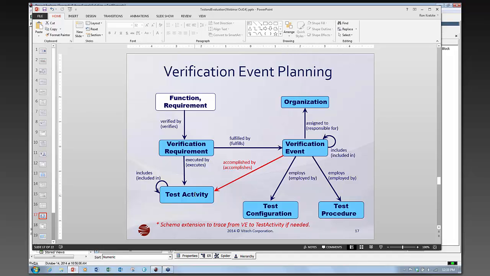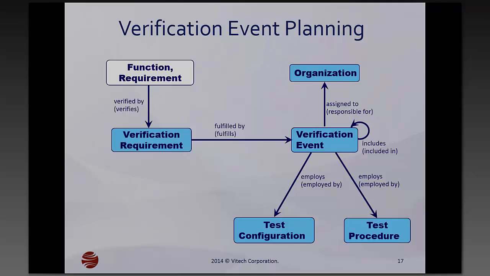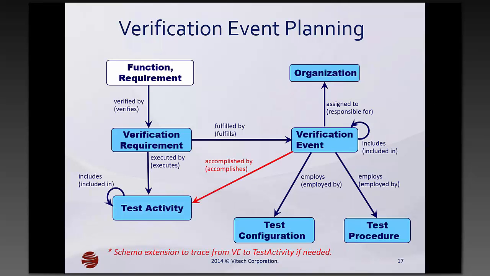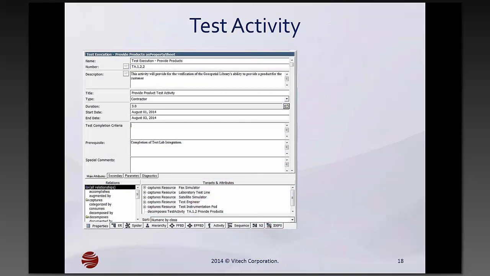This is the test activity and the process. So what a test activity does is it gives us, first of all, these unique sets of attributes. So I can describe the test activity. I get a type and a title. I can tell you its start, stop, and duration.